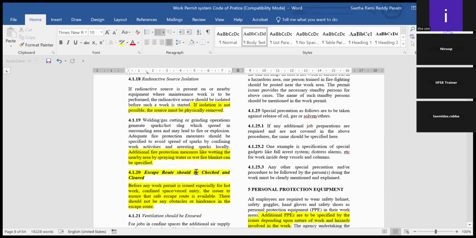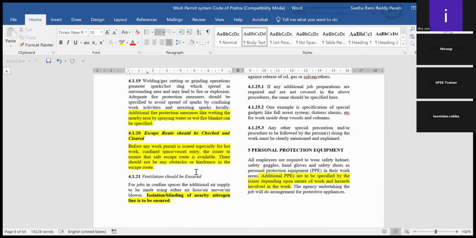Then the escape route should be checked and also cleared. Before any work permit is issued, especially for hot work, confined space and vessel entry, the issuer must ensure that a safe escape route is available. There should not be any obstacles or hindrance in the escape route, because while performing hot work there might be a chance of issues arising. In that case, people should be well aware of how they can escape from that area or location, so that in case of any emergency they can easily escape.